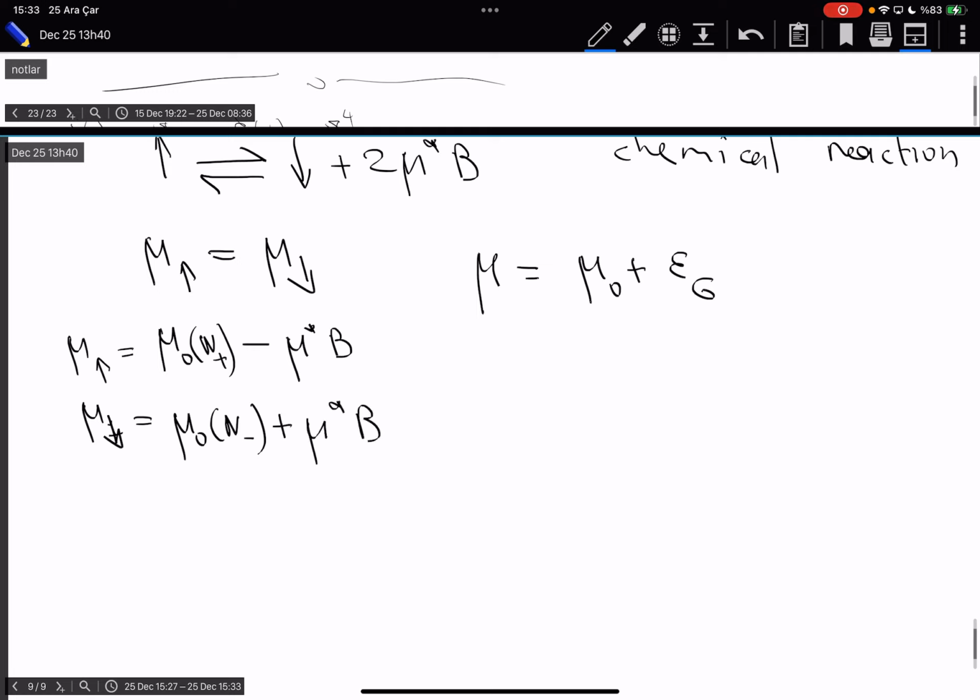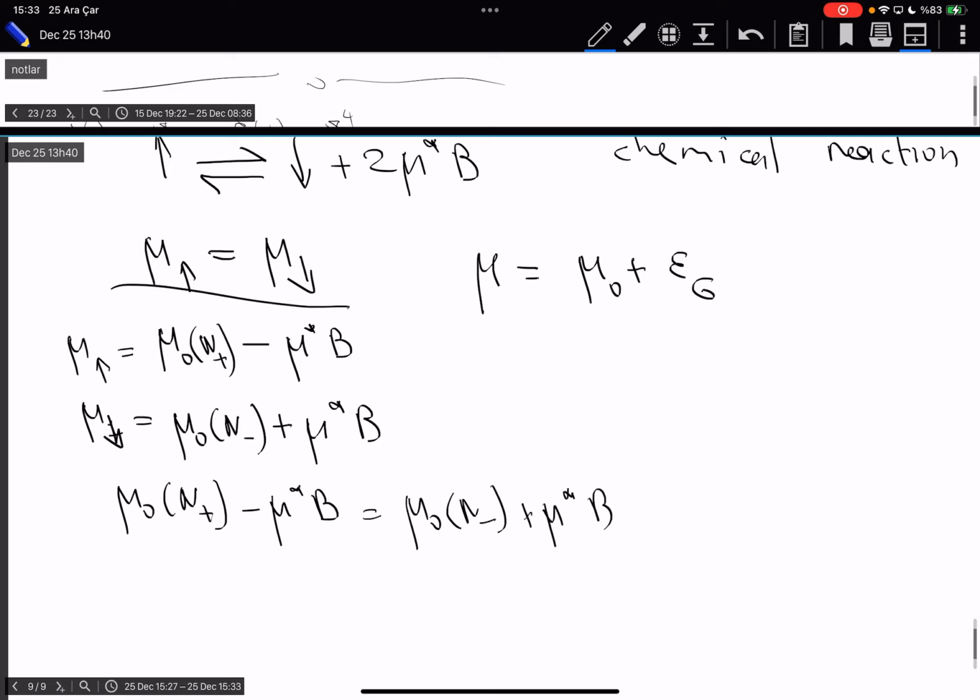Let me write one more equation: mu zero of n plus minus mu star B should be equal to mu zero of n minus plus mu star B, or mu zero of n plus minus mu zero of n minus should be equal to twice mu star B, where this mu zero is the chemical potential, whatever the argument n is, for spinless fermions, let's say, for electrons without any degeneracy, in the case of B equal to 0.